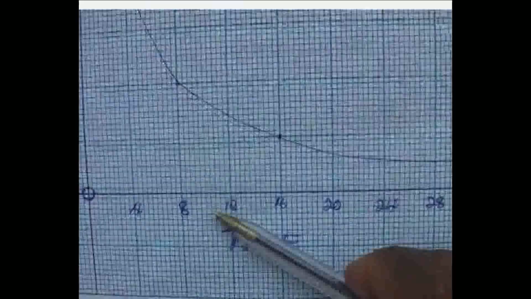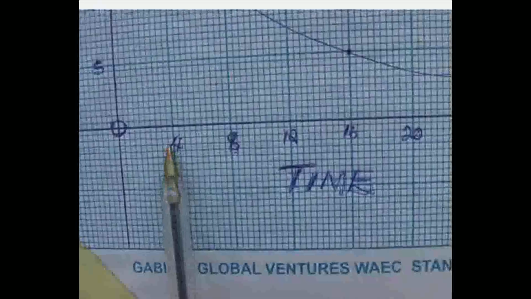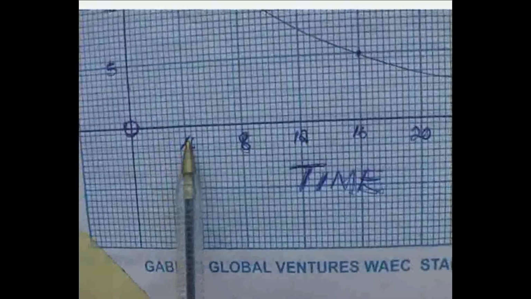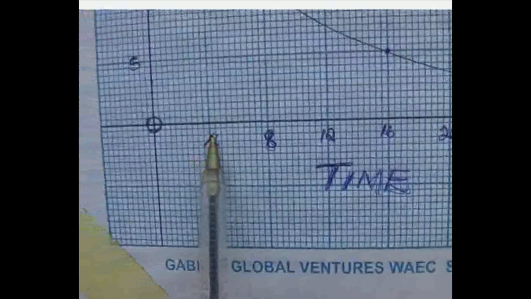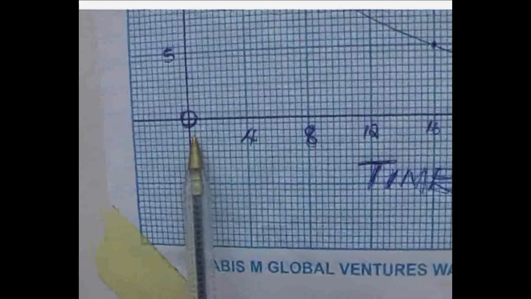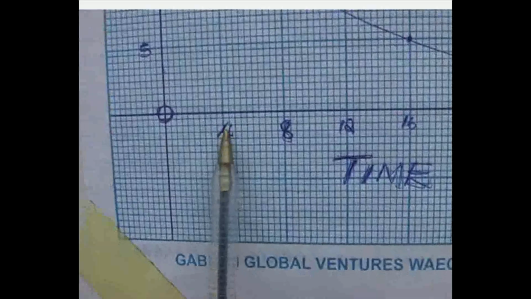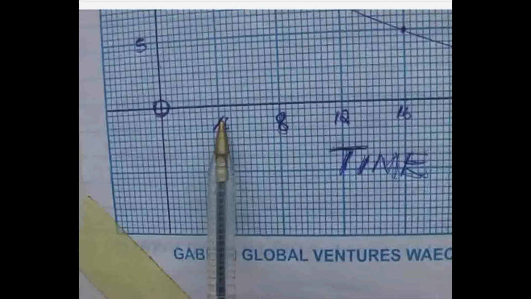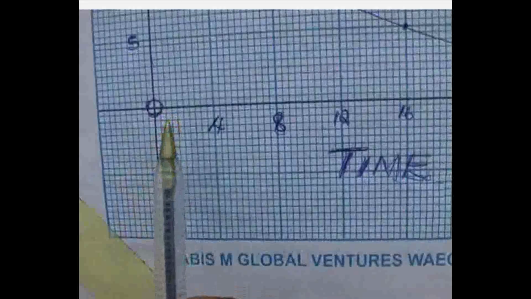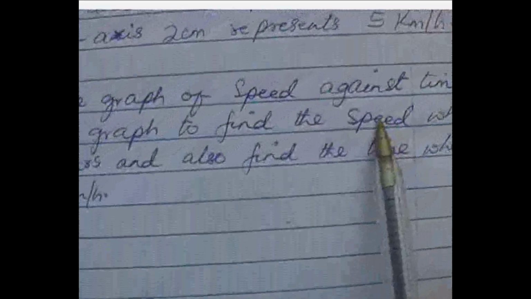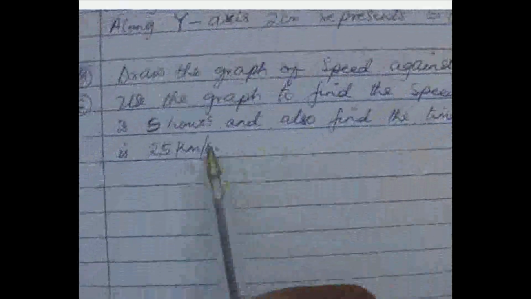When time is 5 hours, I hope you know that here is 4, and from here to here is 4, divided by 10 to get the value of these small squares. If you use 10 to divide 4, you have 0.4. Now, they said you should calculate the speed when time is 5 hours.